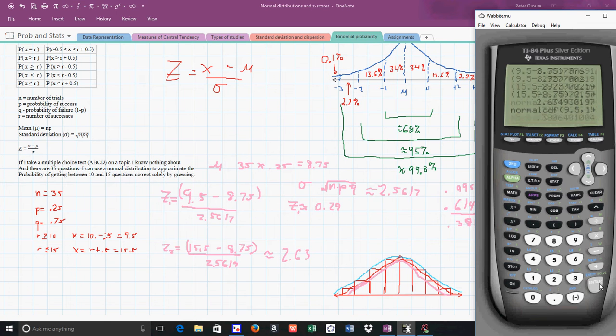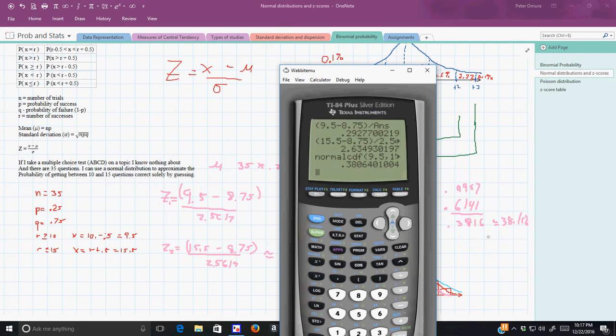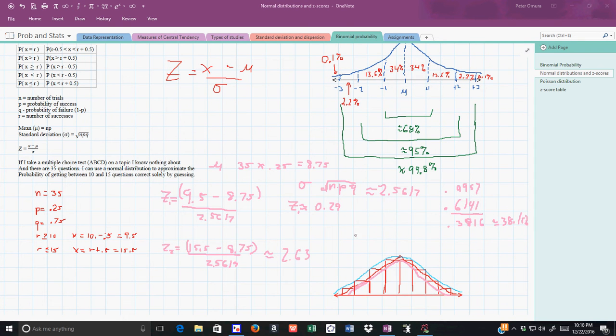I put this all in and I get 38.3806. Now, you might say, oh, well, that was 38.3816. The reason why is because my z-scores only go out so far and the calculator can go a little bit further. So that's how you do it on the graphing calculator.